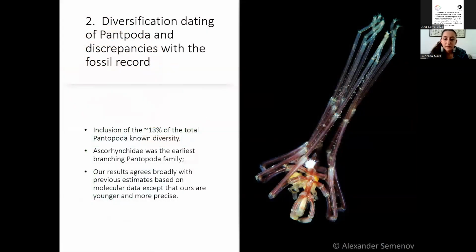So we can also say that our results should be representative of the evolutionary history of the pantopod total group, because we cover 13% of the total known pantopod diversity in terms of number of species included in this work. We can say that Ascorhynchidae was the first family of pantopods appearing on Earth, and that our result is coherent with previous molecular estimates, except for some intervals.